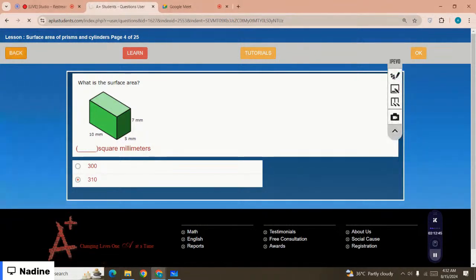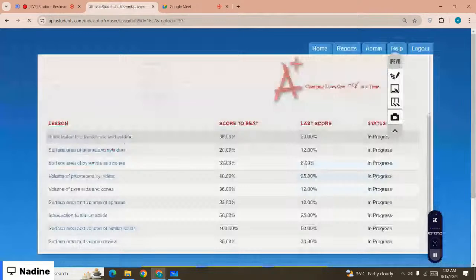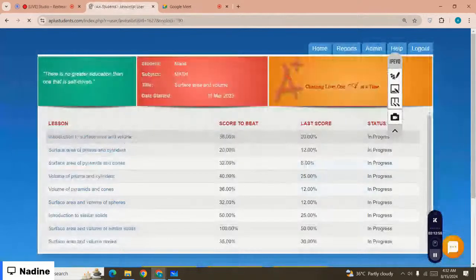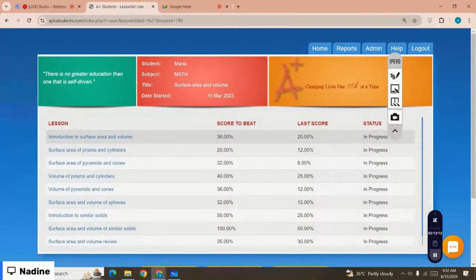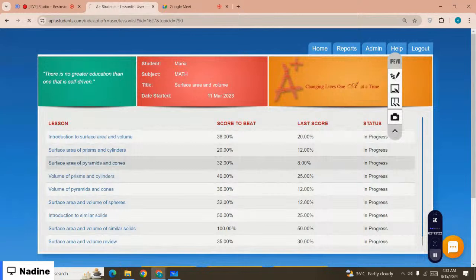And the next lesson is surface area of pyramids and cones.